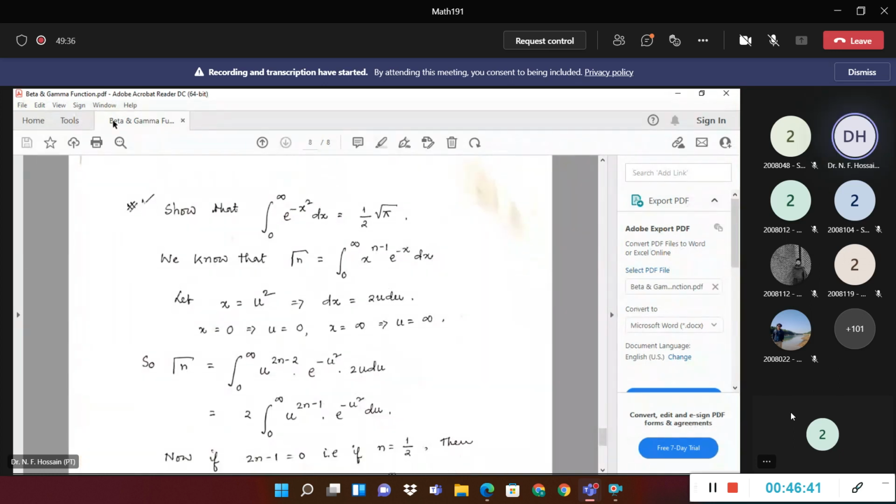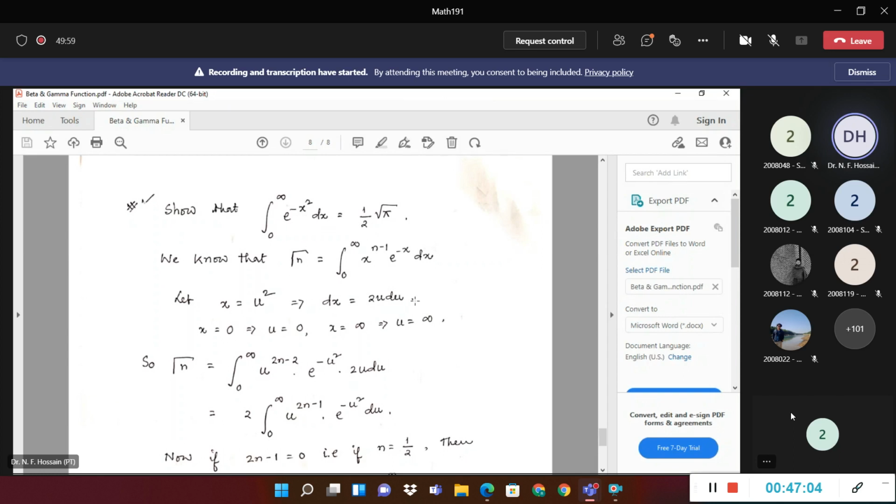This is a very important result for this improper integral, integration 0 to infinity e to the power minus x squared dx equals half into root over pi. Very important result. We start from this gamma n and we substitute this. Let us suppose that x equals u square.